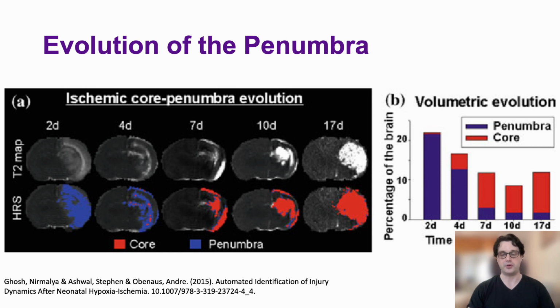So from hours to days to weeks, so for example from 2 days to 7 days to 17 days, we can see that the core is actually growing in size, and is this red marker right here, while the blue core, which is the penumbra, is also decreasing. So when we take a look at the volumetric evolution, the penumbra is actually going to decrease over the span of 17 days, and the ischemic core is going to climb in terms of its volumetric capacity.